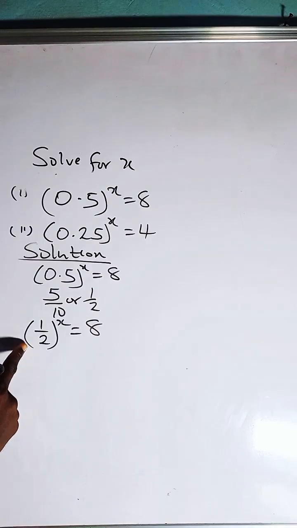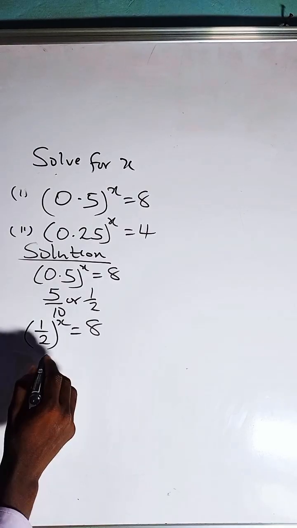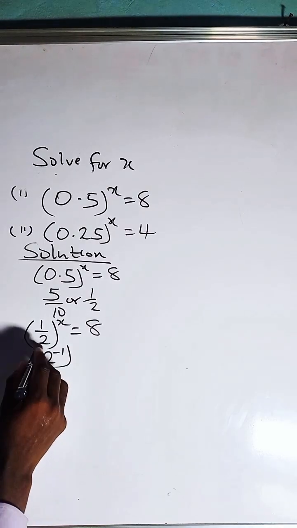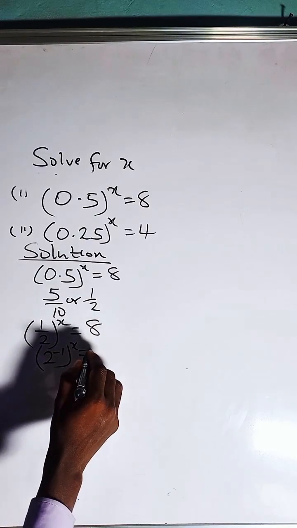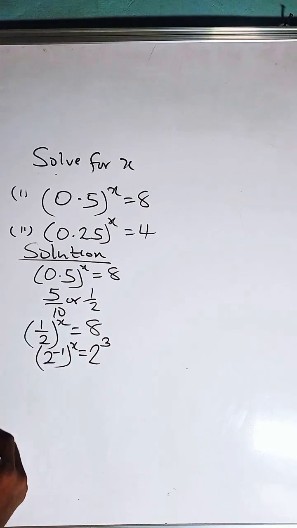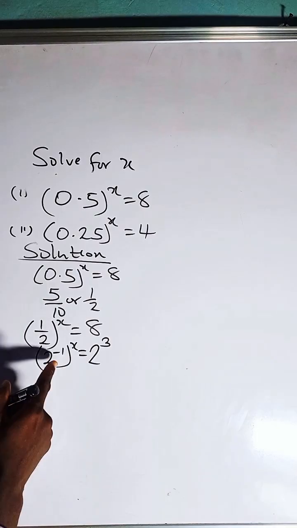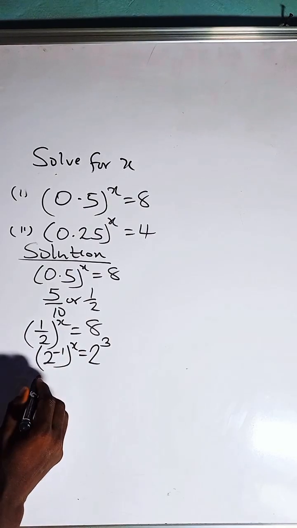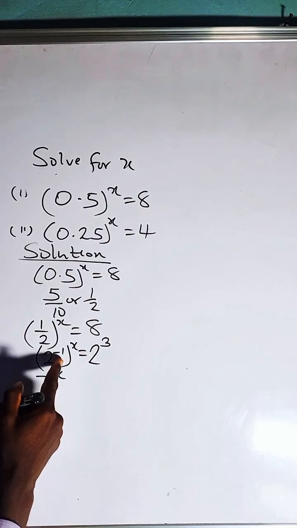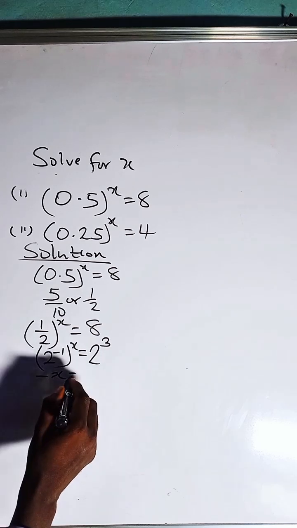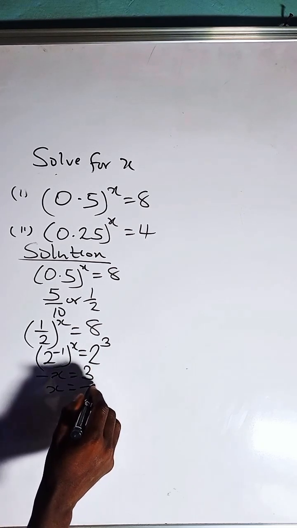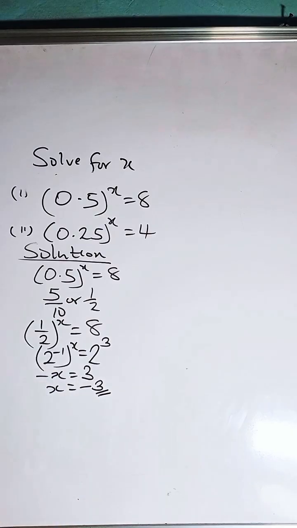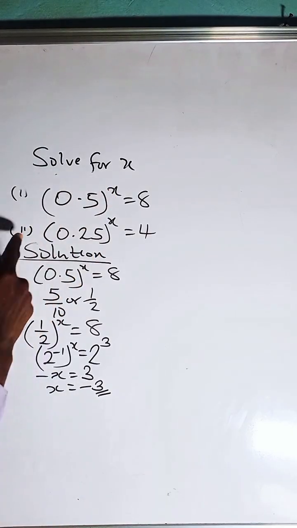We can write 1 over 2 as 2 raised to the power minus 1, all raised to the power x, and 8 is 2 raised to the power 3. Applying the exponent rule, minus 1 times x is minus x, so minus x equals 3. So the value of x equals minus 3 for the first one.